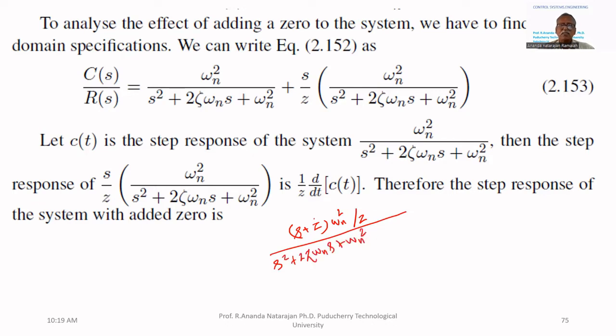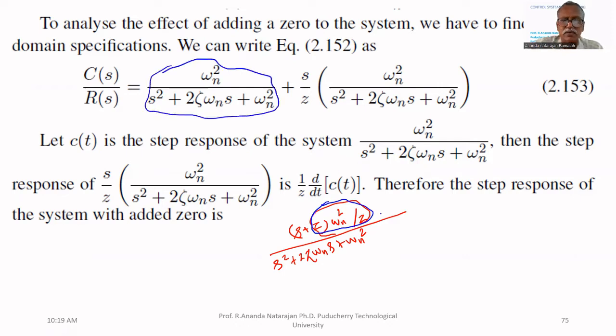This can be separated like this. If you select this part alone, Z omega n square upon Z, you will get this. You can separate this into 2 parts. S upon Z.